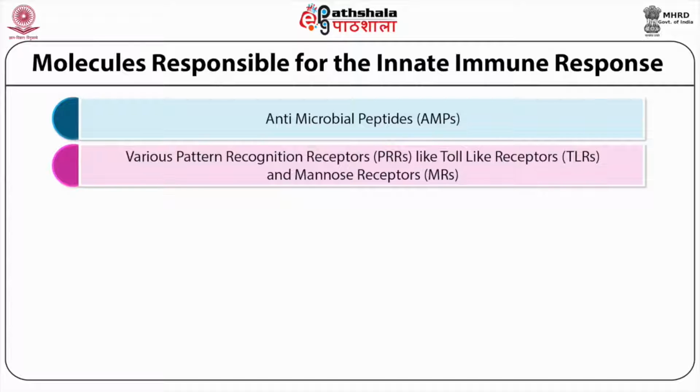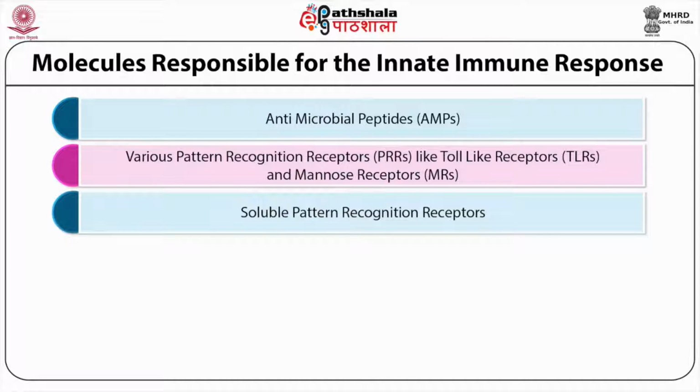The prominent among these are toll-like receptors called TLRs and mannose receptors which are called MRs. The soluble pattern recognition receptors constitute in fact a larger list. We will look at it subsequently.